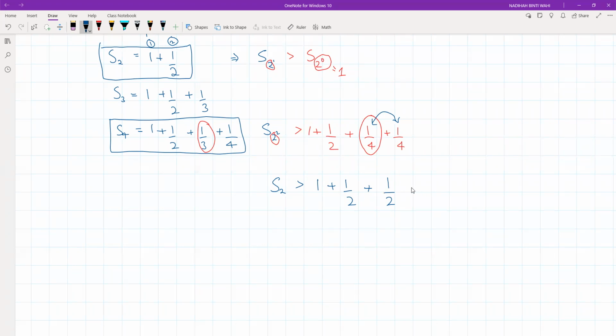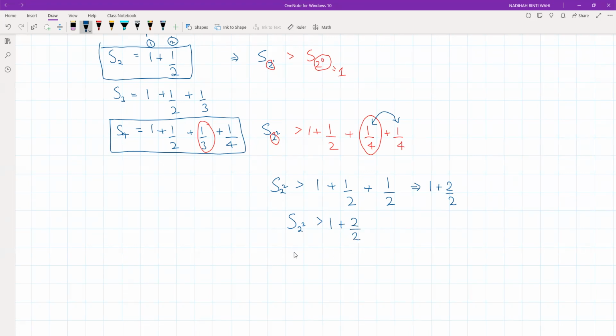So this is like 1 plus 2 over 2. I don't want to simplify further, because later you will see the pattern. So I can say that the partial sum for 2 to the power of 2 is bigger than 1 plus 2 over 2.